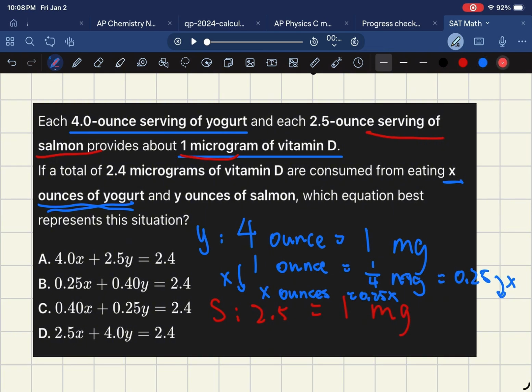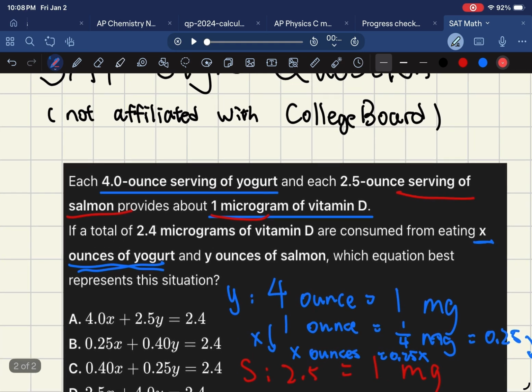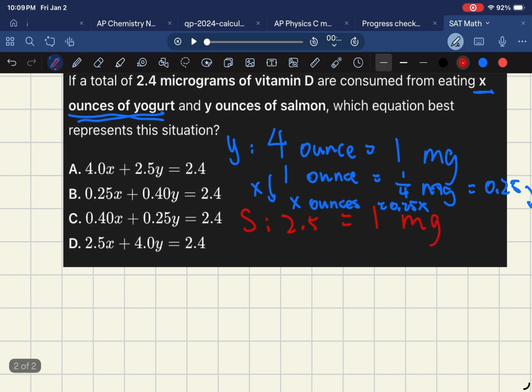Every 2.5 ounces of salmon provides 1 microgram of vitamin D. So every 1 ounce provides about 1/2.5 mg, which is 0.4 mg.